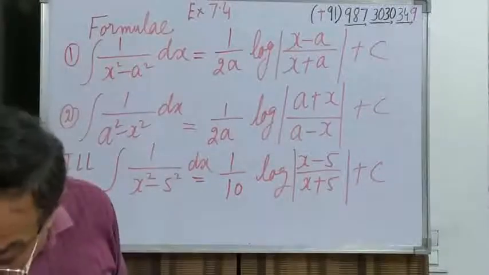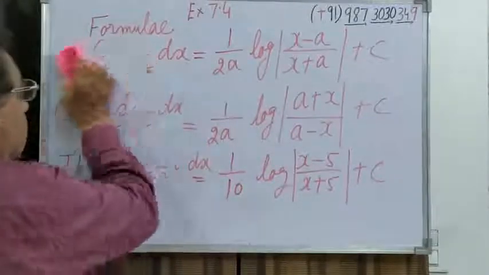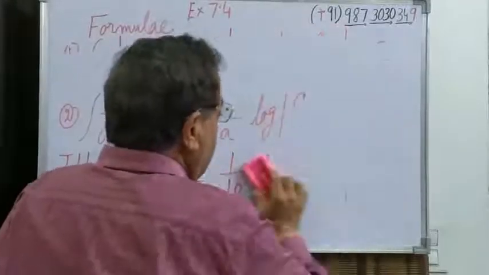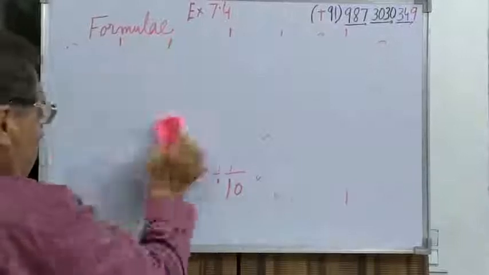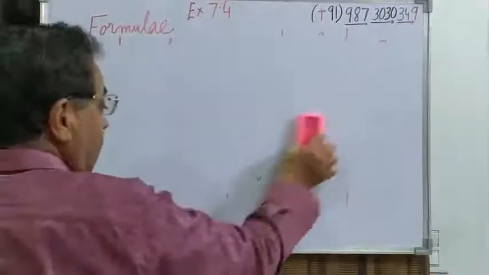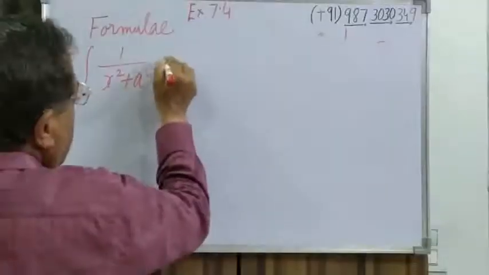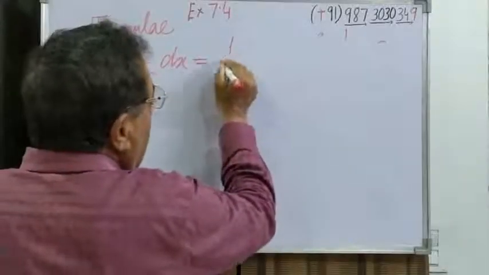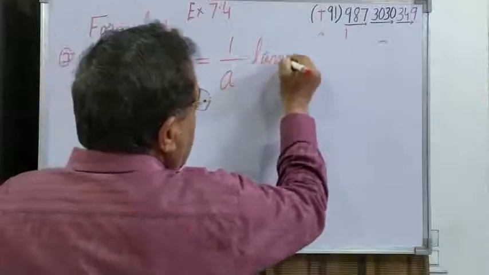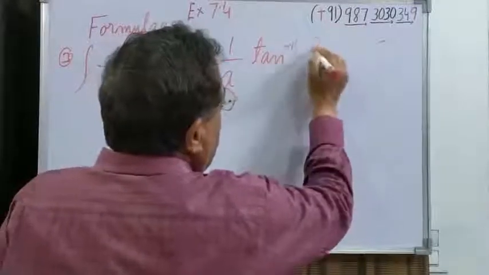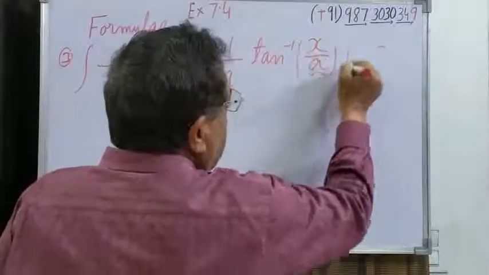Now let us move to the third formula. Write it down. The third one is the integration of 1 upon x square plus a square dx, and its integration would be 1 upon a into tan inverse of x by a, plus c.